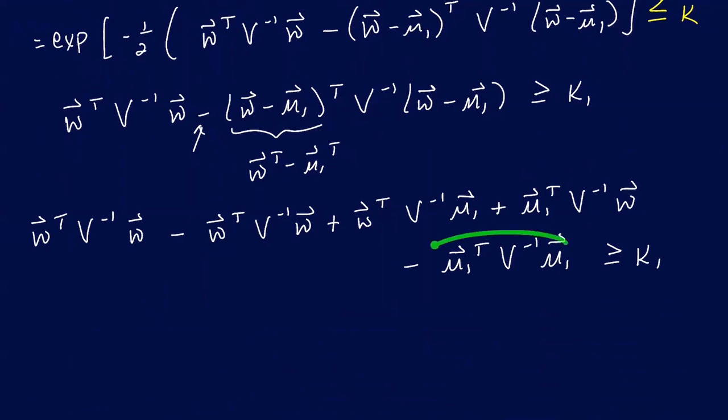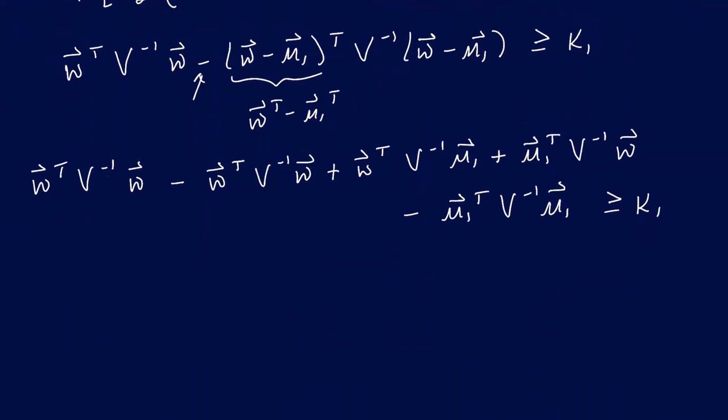So here is a constant in the W's, and it can go to the other side. So just add it over there, and we get a new constant K2. Also, this is going to cancel with this. So when you do this, you are left with W transpose V inverse mu1 vector plus mu1 vector transpose V inverse W. And this is greater than or equal to a K2, where K2 is K1 plus this term.